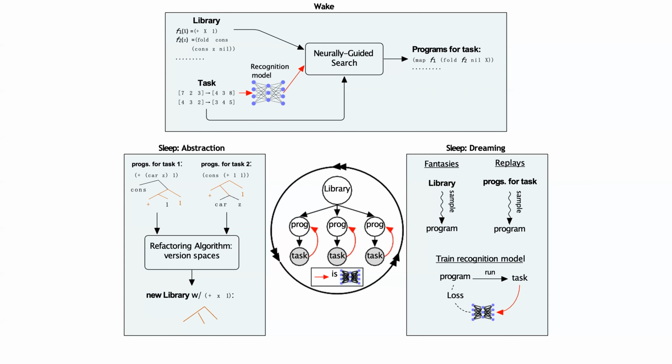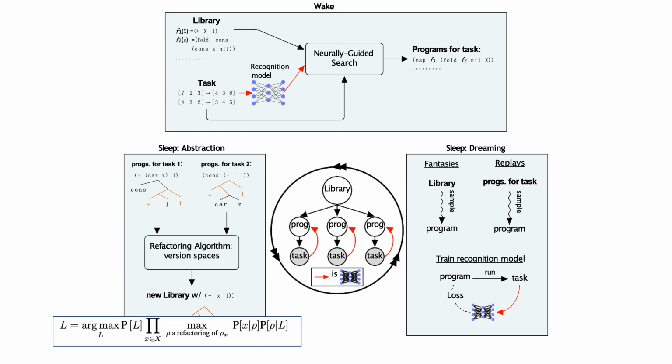So you have these two expression trees. But what we note is that there is that orange subtree that is common to both of these. And so this new library routine is going to be extracted from these two programs. You're going to have this orange subtree taken out and put into the library as a new module. And again, for more details, please see the paper.